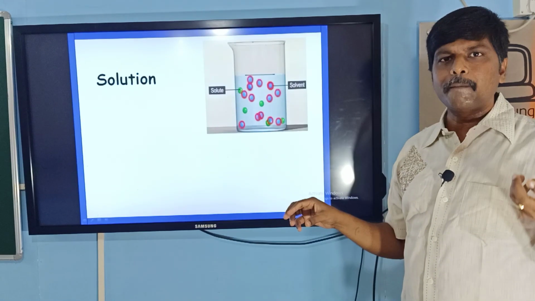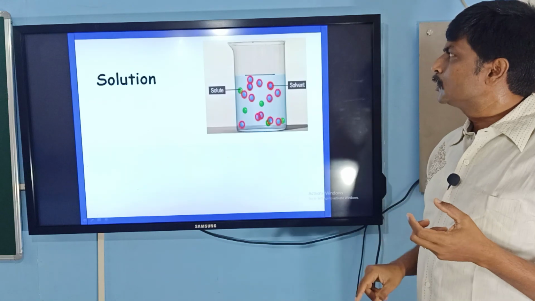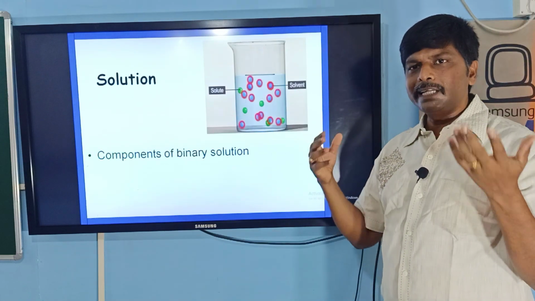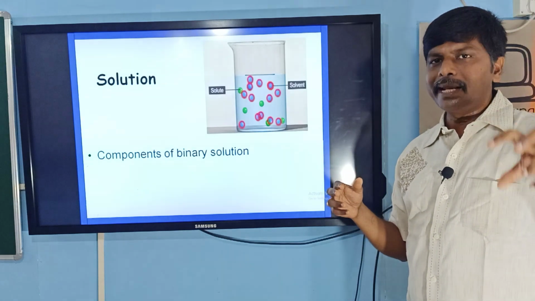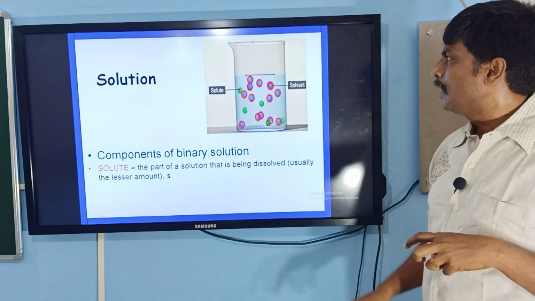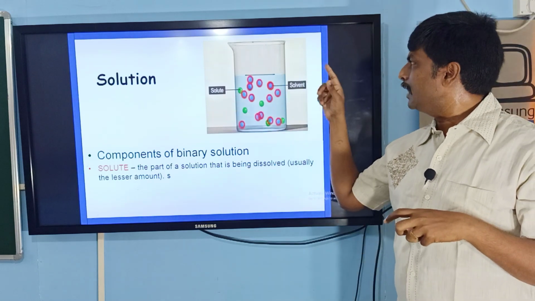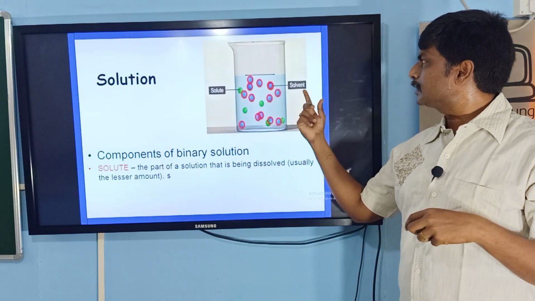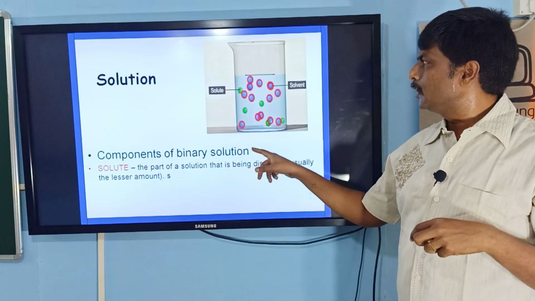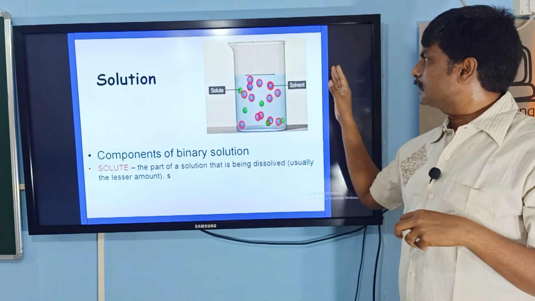So this small component is called solute. A binary solution contains only 2 components. One is solvent, another one is solute. Components of a binary solution: solute and solvent.